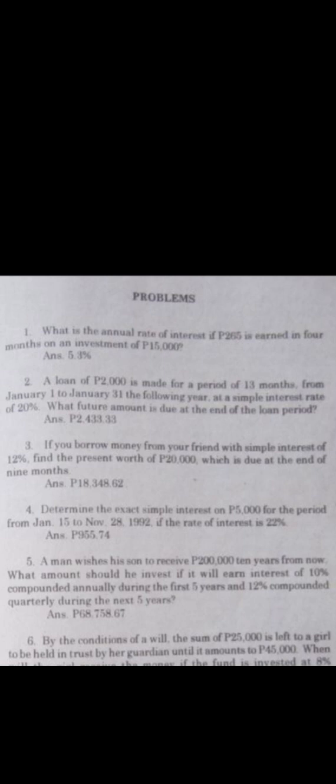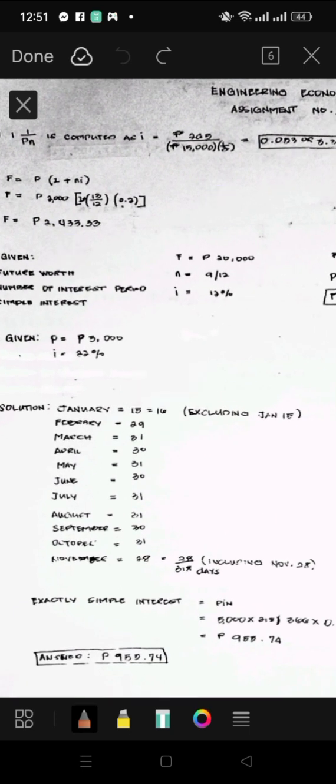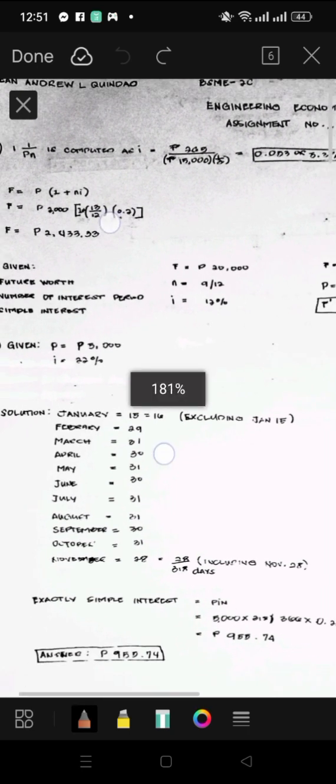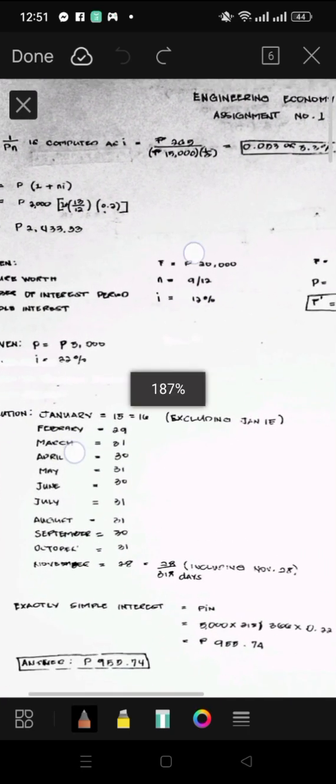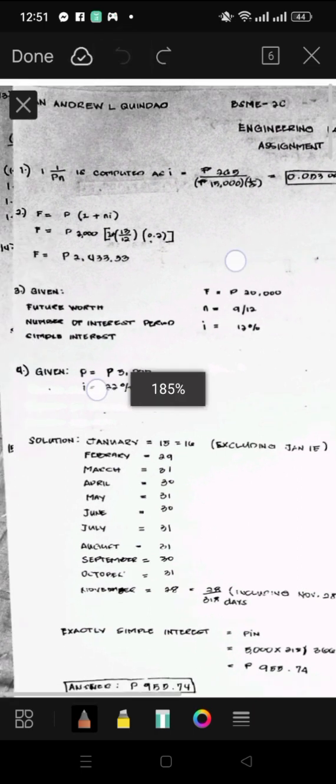At a simple interest of 20%, what is the future amount due at the end of the loan period?